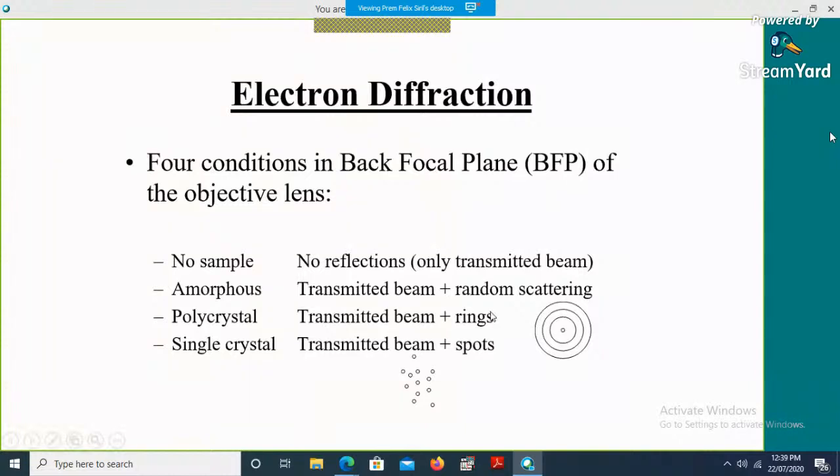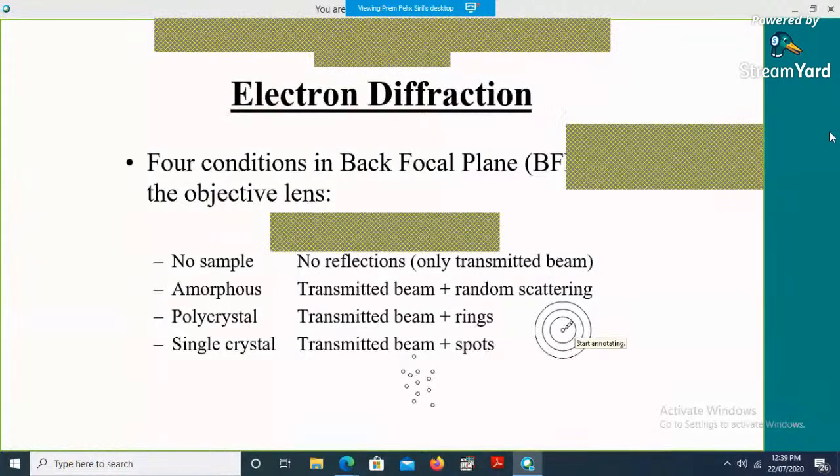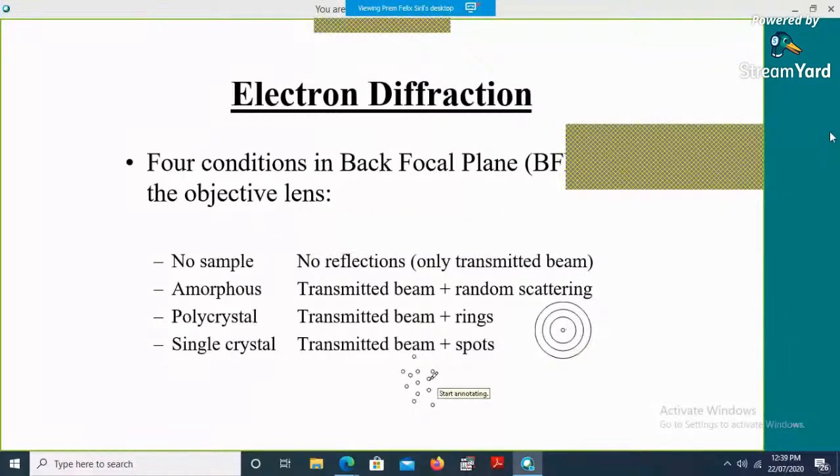sample. But if you have a pattern having a transmitted beam with rings like this, then it is a polycrystalline sample. And if you have a transmitted beam with bright spots, then you have single crystal samples.